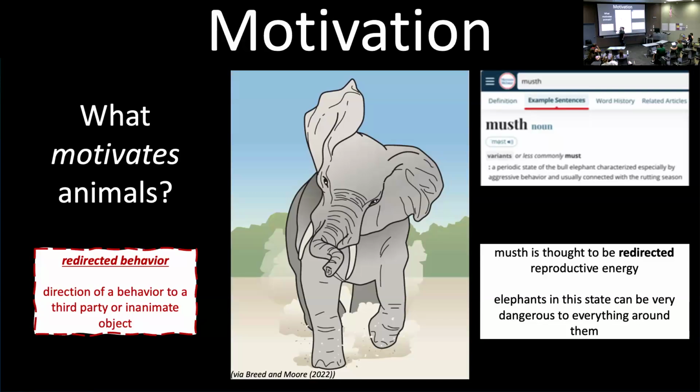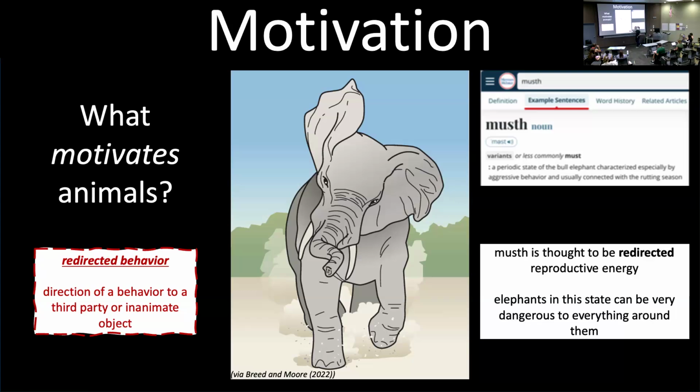So that's what we mean by a redirected behavior. And so musth is thought to be a redirected reproductive energy. And like I said, elephants in this state can be very dangerous. So that's one example people are trying to think about.